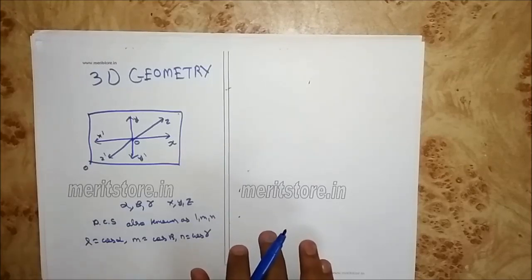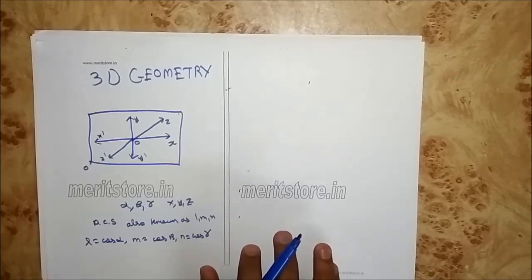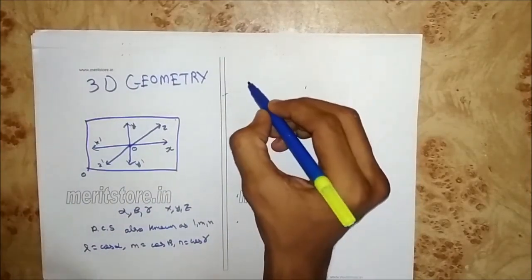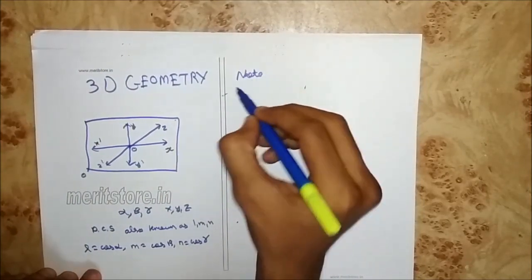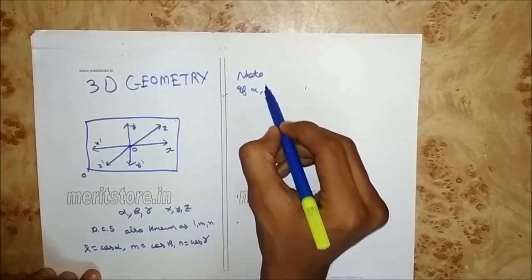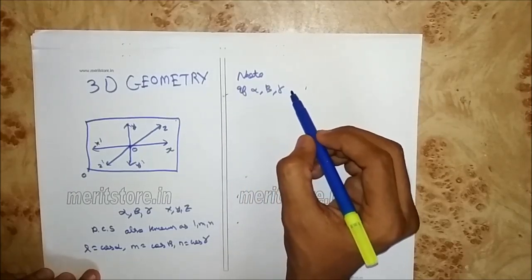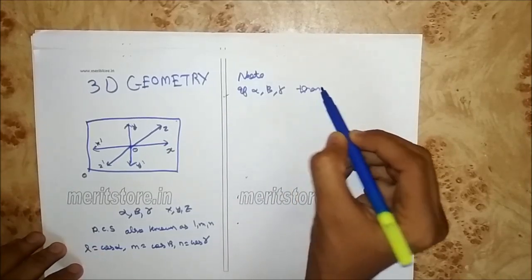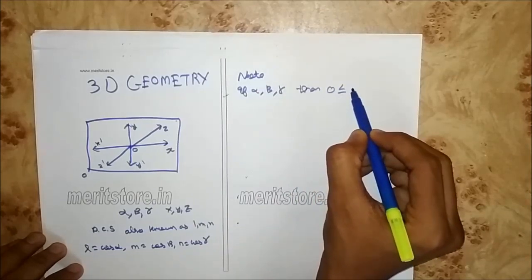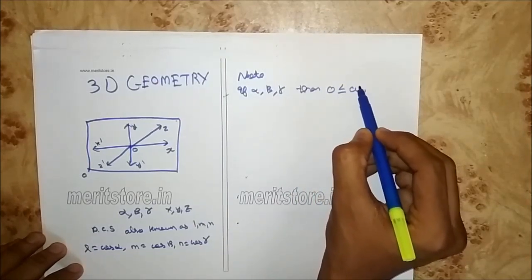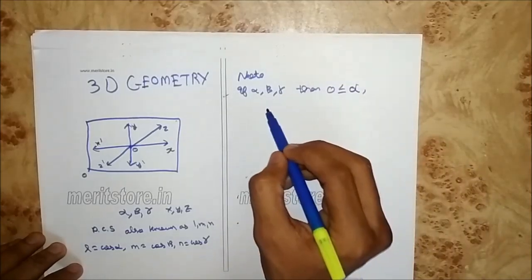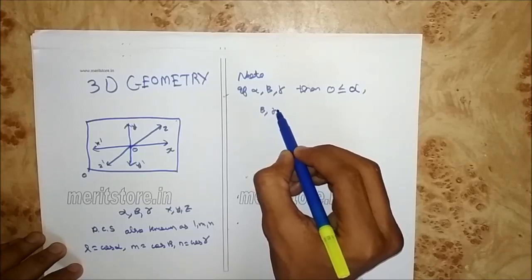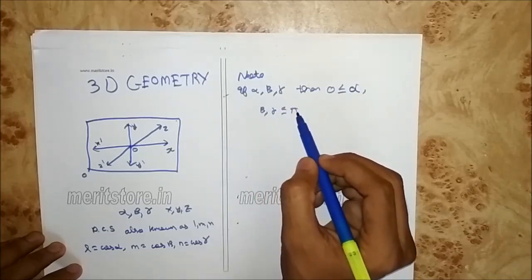Remarks. Please note, if alpha, beta, gamma are directional angles of a line, let's make a note here: alpha, beta and gamma individually lie between 0 and pi.